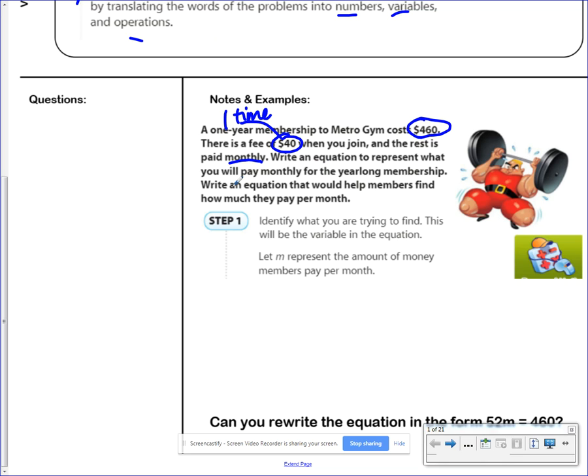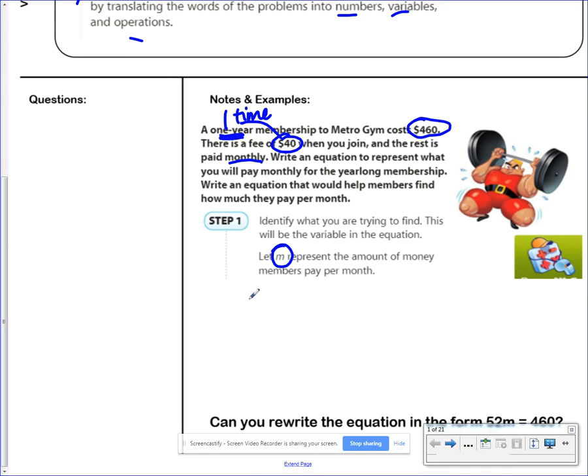All right, so first, let's just tackle what we know. We are looking for how much we pay per month, okay? And so they're saying, hey, Captain Obvious, let's use M for a month. So we know this. It's going to cost me $460. I have to pay $40, and then I pay a certain amount every month. So this is 1 year and $460.